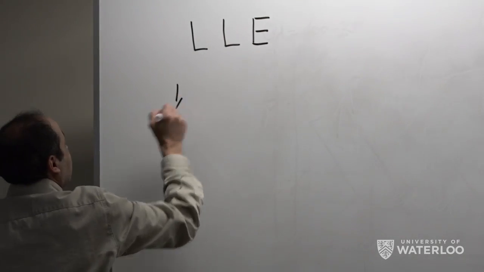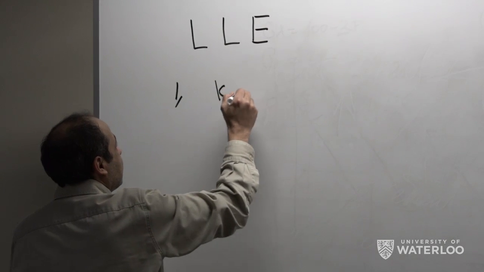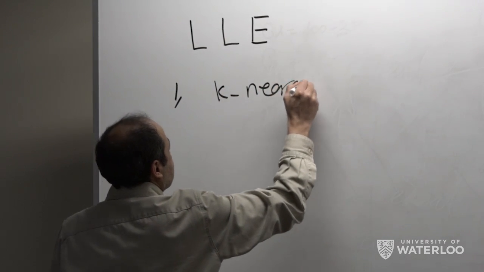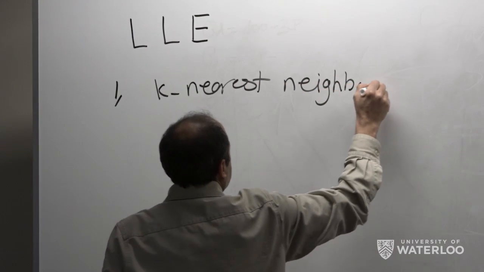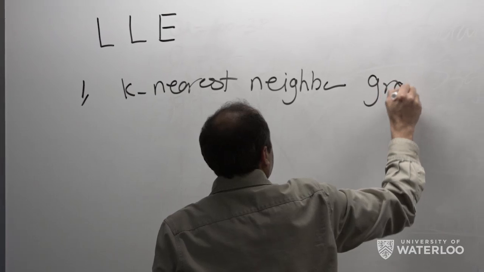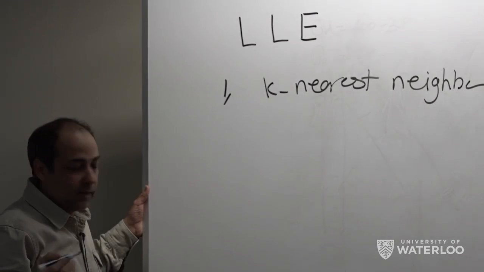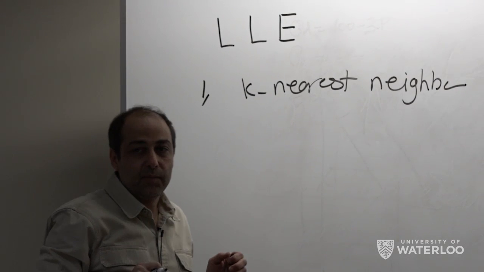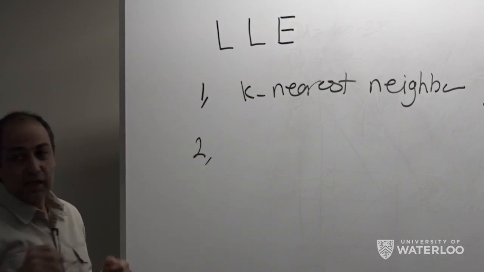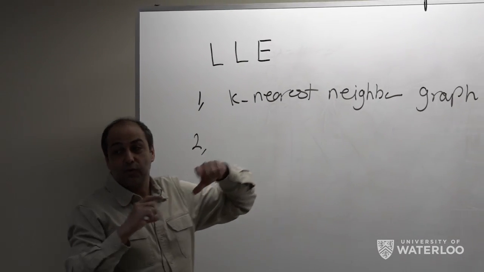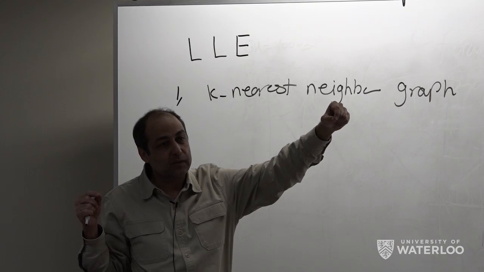In the first step of LLE, we construct a k-nearest neighbor graph. And K is a parameter of LLE, so you have to choose how many neighbors you're choosing. The condition is that your graph needs to be connected, which means from any point, you need to have a path to any other point.